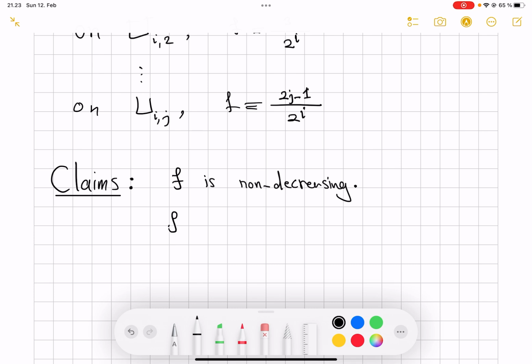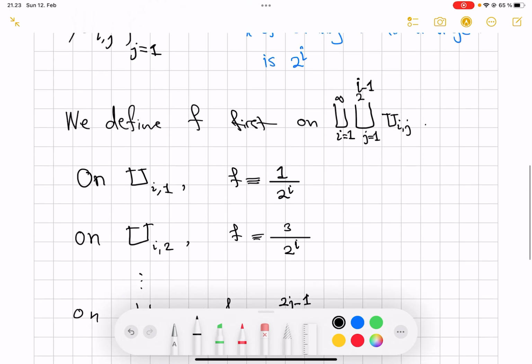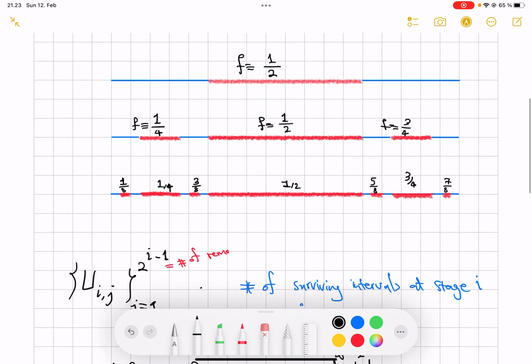And also, f is uniformly continuous on this union U_ij. And for that, you need to consider case by case.